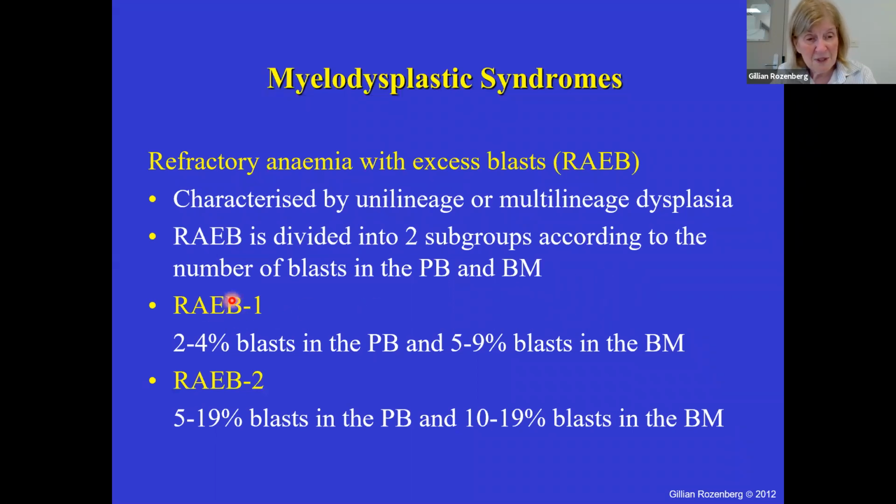So refractory anemia with excess blasts group 1 has 2 to 4% blasts in the peripheral blood and 5 to 9% blasts in the bone marrow. And refractory anemia with excess blasts group 2 has 5 to 19% blasts in the peripheral blood and 10 to 19% blasts in the bone marrow. Just note that we stop at 19 because if we get to 20 blasts, that means we've got acute leukemia.